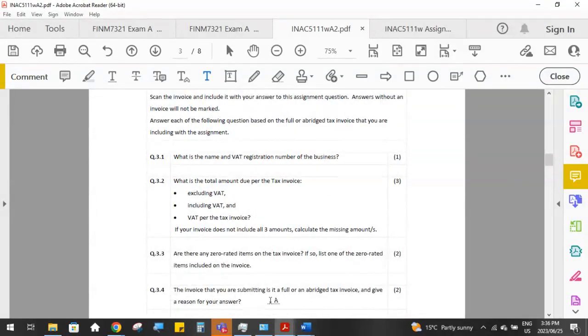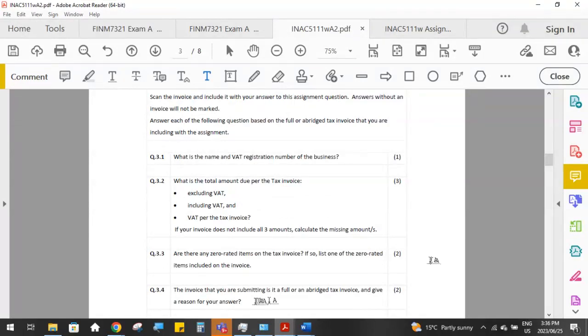The only place where students sometimes got the answer wrong is that the invoice is not automatically an abridged invoice if it's less than 5,000 Rand. You have to look at the information presented on the face of the invoice. If they have got the customer's VAT registration number and the customer's details on there, as well as all the other details, then even though the amount might be less than 5,000, it is still a full invoice because all the customer's details do appear on the invoice.